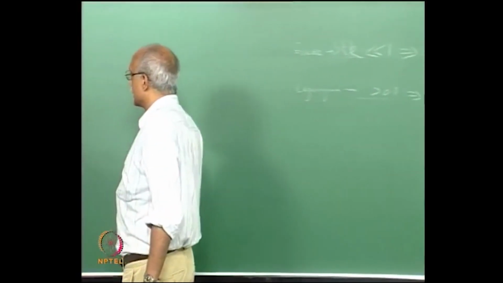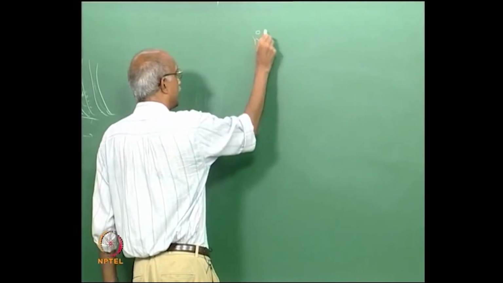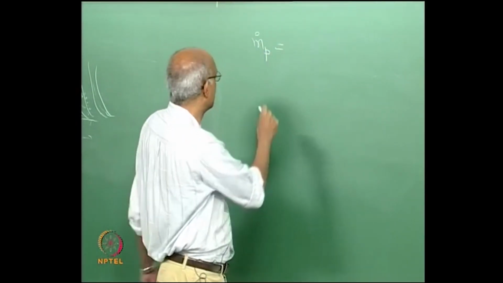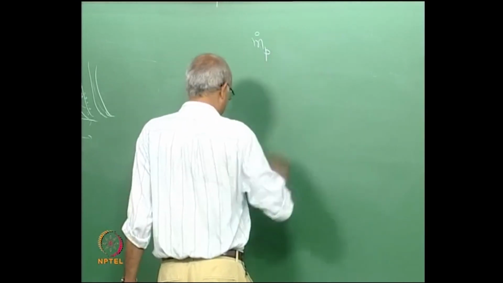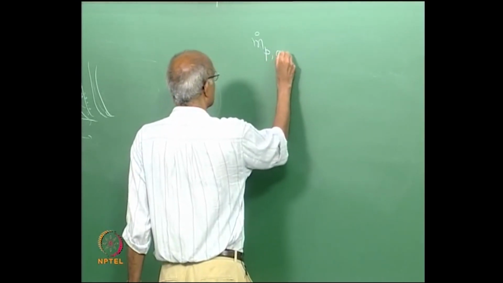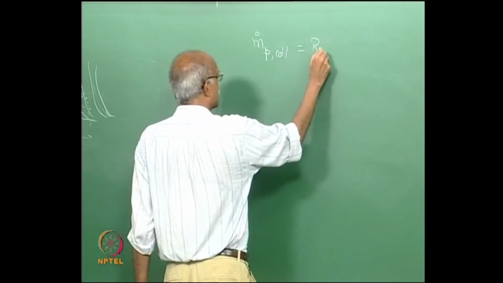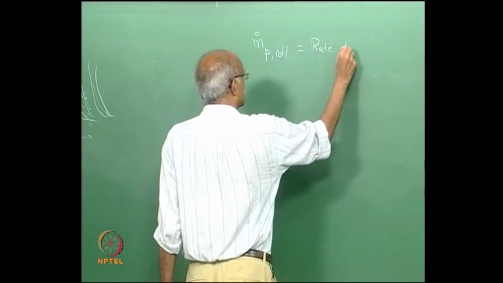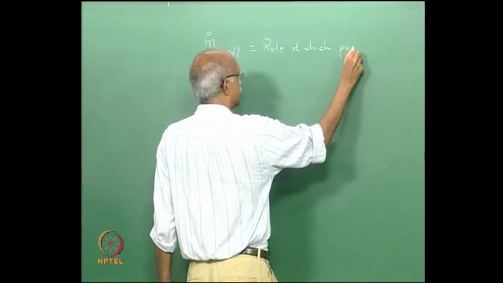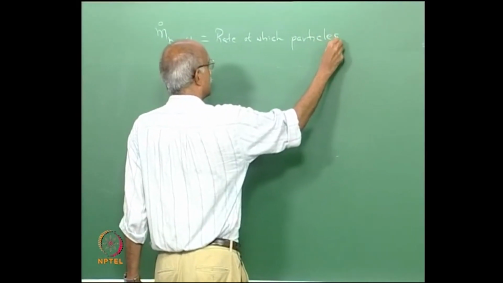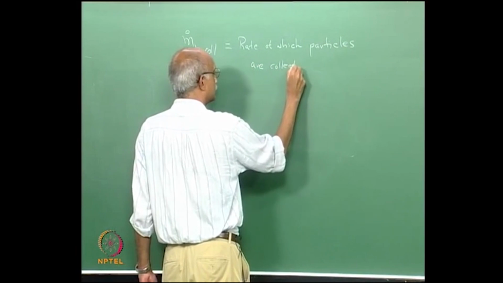Let us say that there is some collection rate, which we call mp dot collection, which is the rate at which particles are collected on the surface.